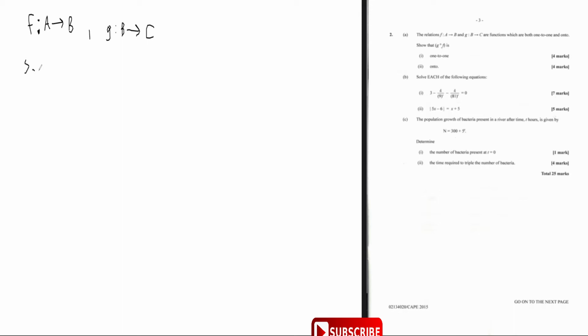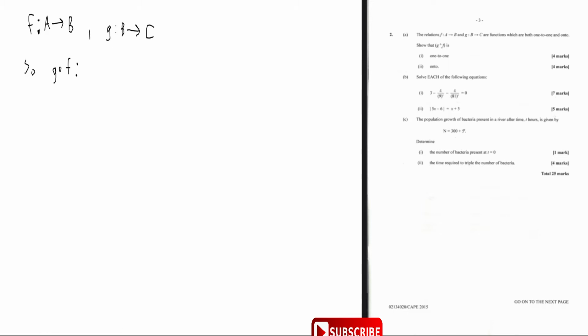So what's going to happen? G of f is going to be such that it maps set A, where is G? G is this one. So G of f, putting f into G, is going to map from B to C first.